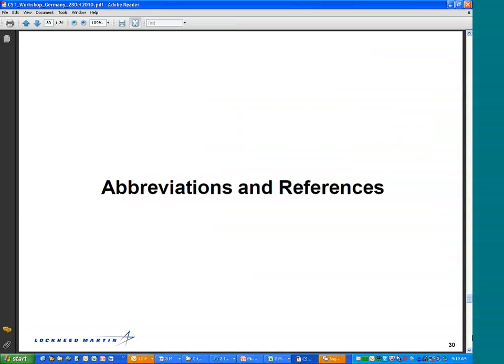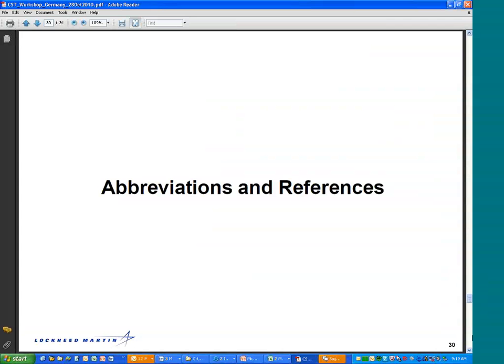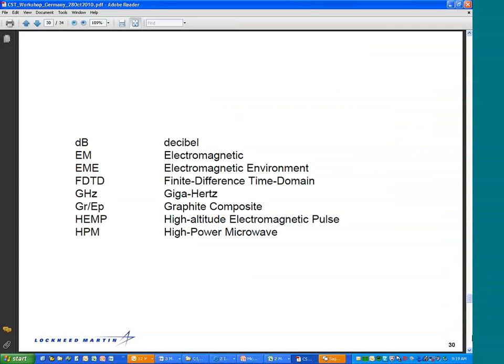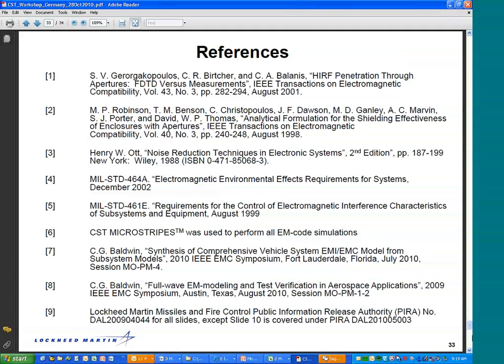So that is the end of my presentation. I do have here abbreviations, references. I've tried to capture all the acronyms that I've used. Also some references here. Reference 7 there is from an IEEE paper where I went into the joints, looking at fastened joints, and hopefully these things will be helpful to anyone that would look at this after I'm done presenting.